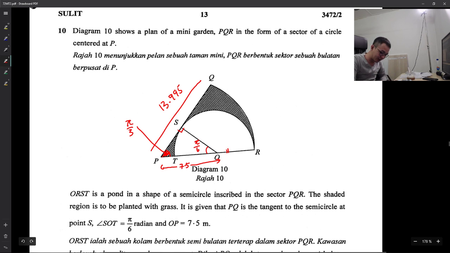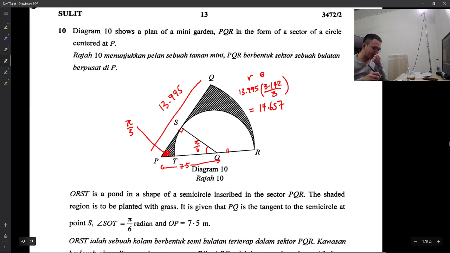Just use 13.995 multiply pi over 3. Pi I have to use 3.142, over 3. So this is the formula r theta to find the S: 13.995 times 3.142 over 3. So the arc length is 14.657.